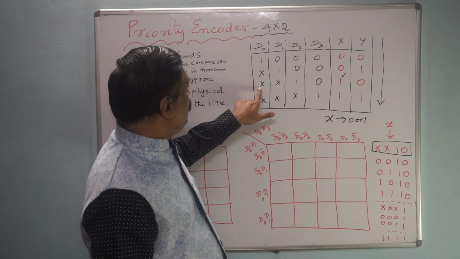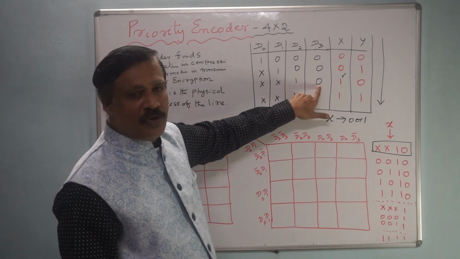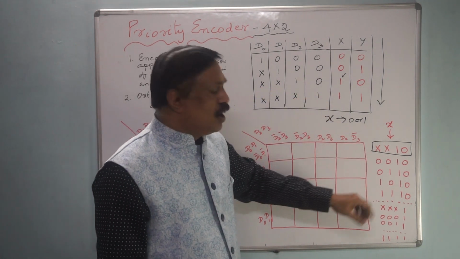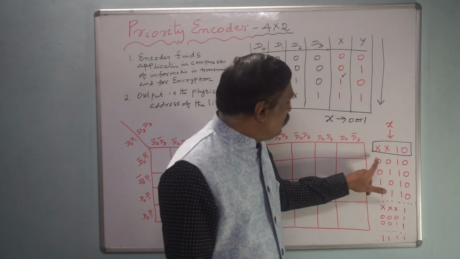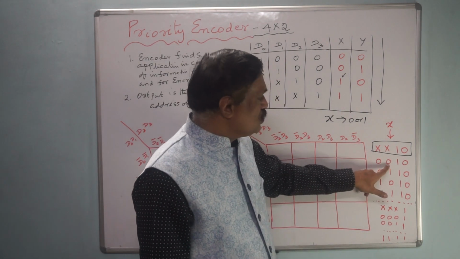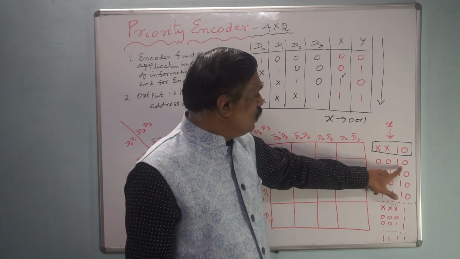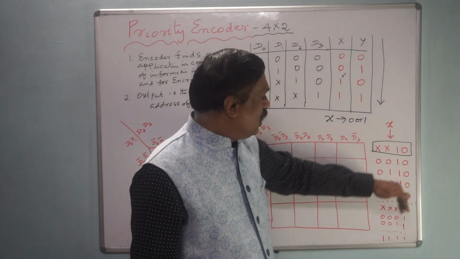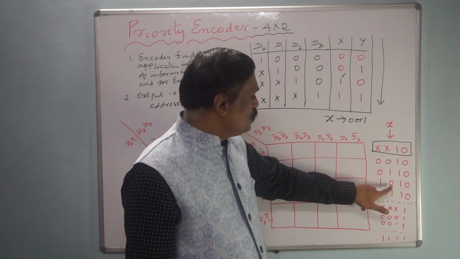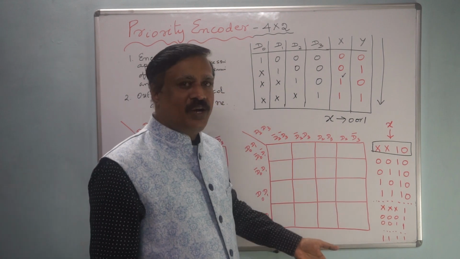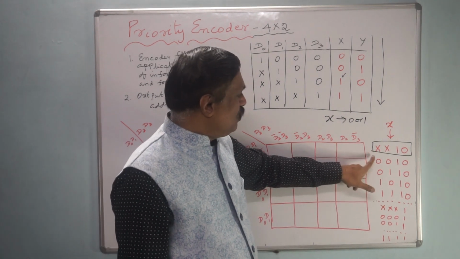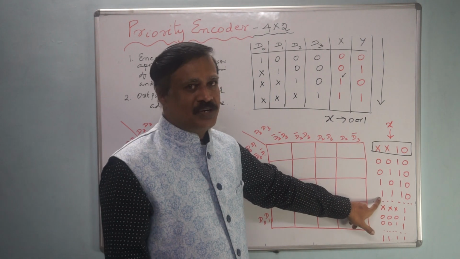That means X10. Now you have to substitute all the possibilities. This X has 0, 0, then 1, 0. This 1, 0 is constant, and this may have 0, 1, 1, 0, 1, 1. Just go for 4 values. Now we have 4 combinations.